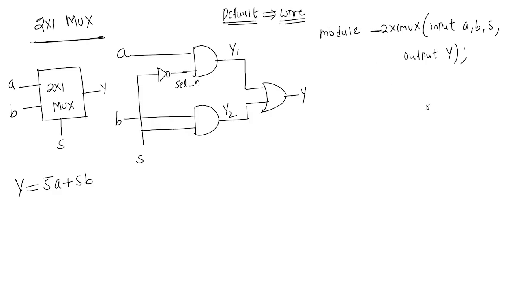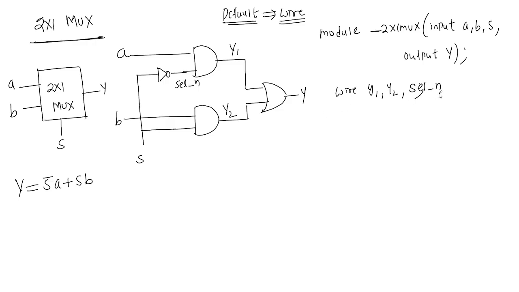If it is reg, then you need to indicate that it is reg. You need to declare the internal variables. What are the internal variables? Wire w1, w2, and let us take select underscore n.